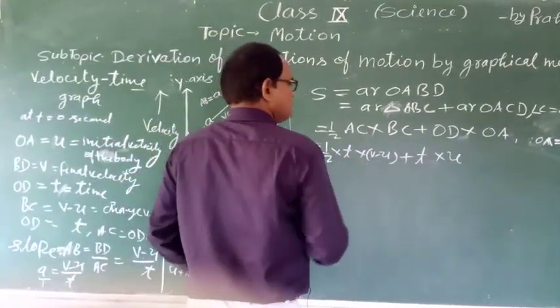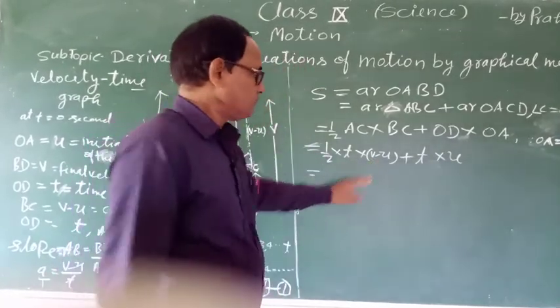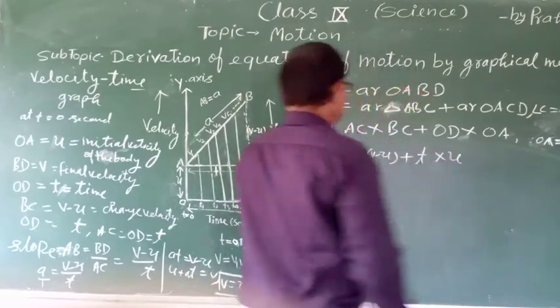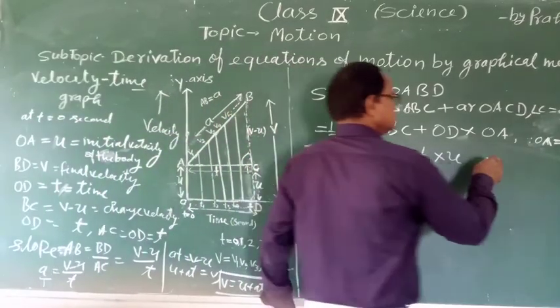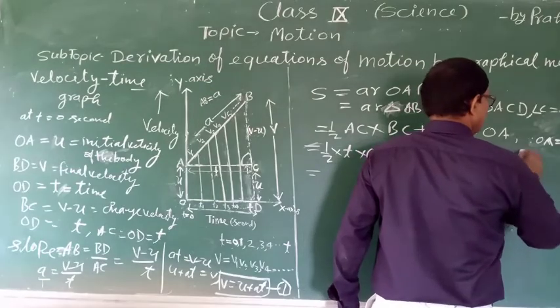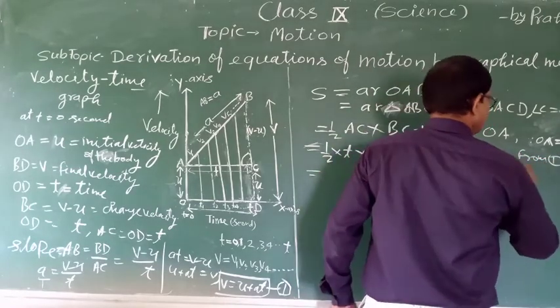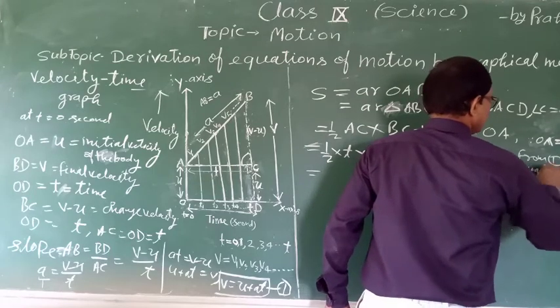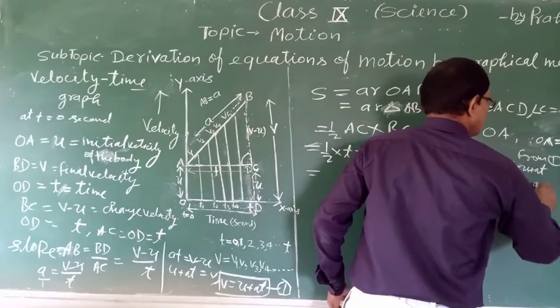Here v minus u, we want to find v minus u. Since from equation 1, v is equal to u plus at, we can write v minus u is equal to at.